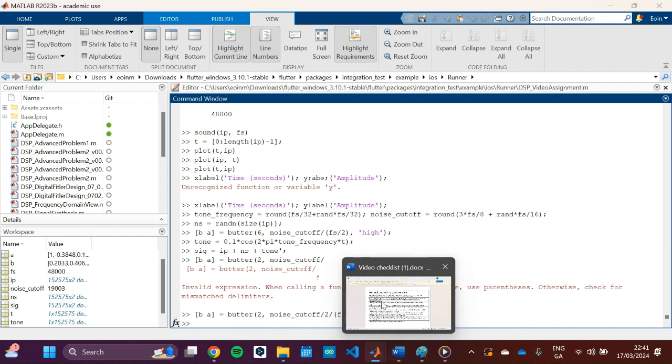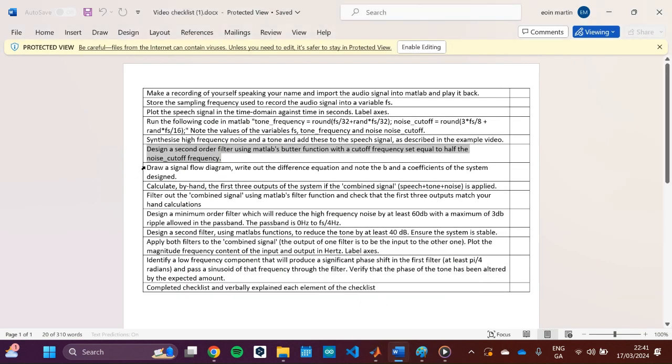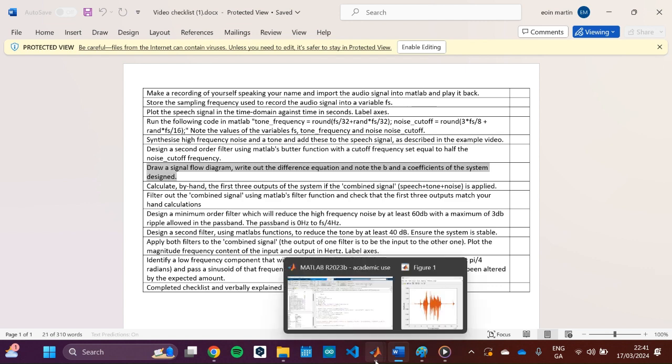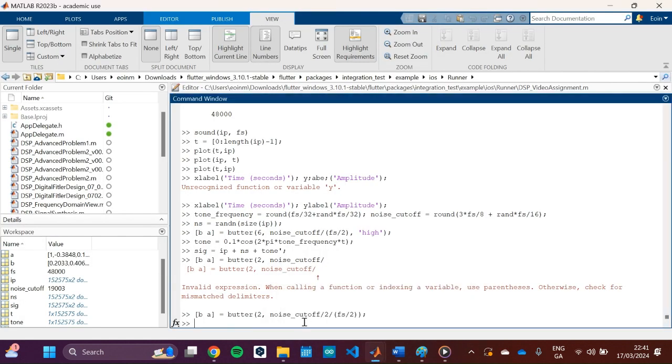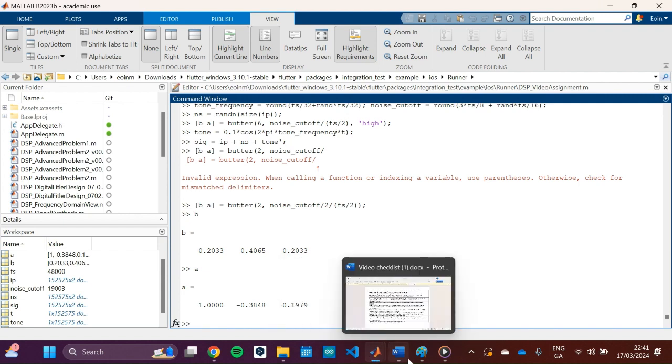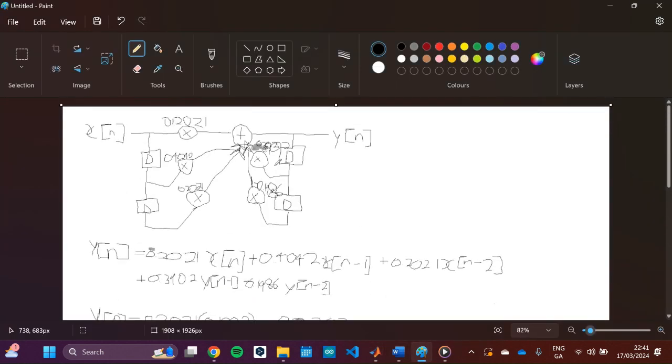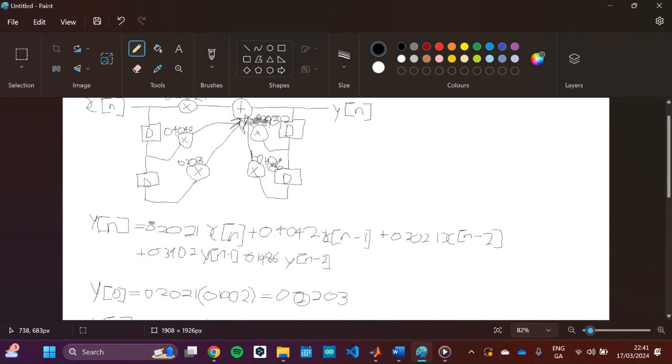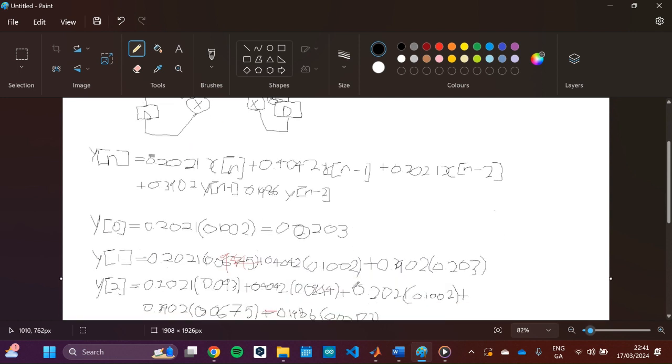Now next part, this is the long part. Draw a signal flow diagram, write out the difference equation and note the B and A coefficients. So I'll just get up the B and A coefficients again for that. Now actually this is the same as last time, isn't it? I'm just looking, I had this done already because I ran into errors.